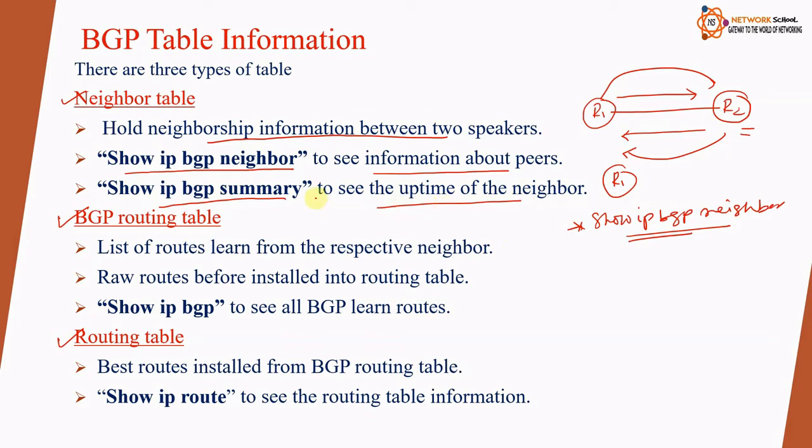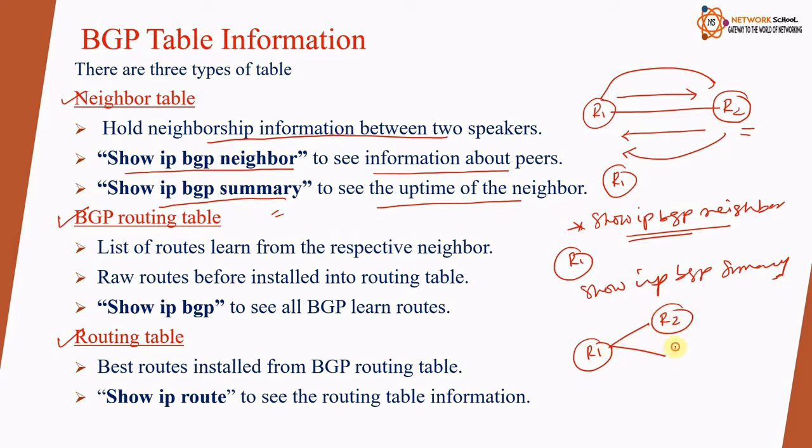If you go to R1 and say show IP BGP summary, we will see the neighborships that we have with R1. Let's say I have the R1 router here, and with R1 I have R2, R3, and R4. From R1's perspective it has three neighbors.